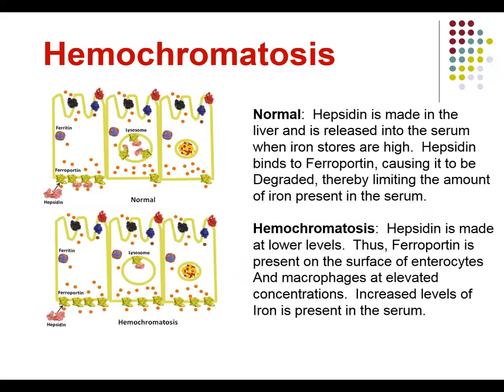These mutations inhibit the synthesis of hepcidin by preventing a functional transcription complex from forming. More rarely, mutations can occur in transferrin receptor 2, preventing the hepatocytes from sensing serum iron levels. In each case, hepcidin levels are decreased, preventing this hormone from degrading ferroportin, thereby allowing iron to freely enter the body.